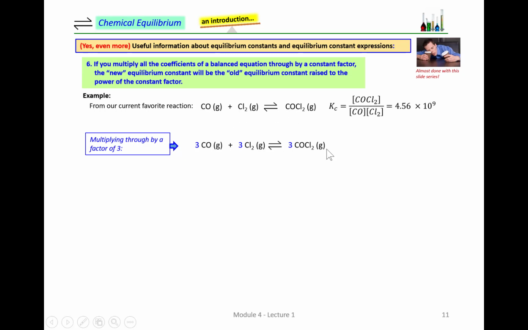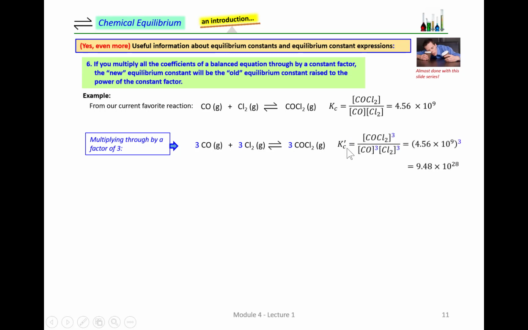So you might ask, does this affect the equilibrium constant? Well, it doesn't really affect the chemical fact that the reaction favors the product side, but it does affect the equilibrium constant because it affects the equilibrium constant expression.